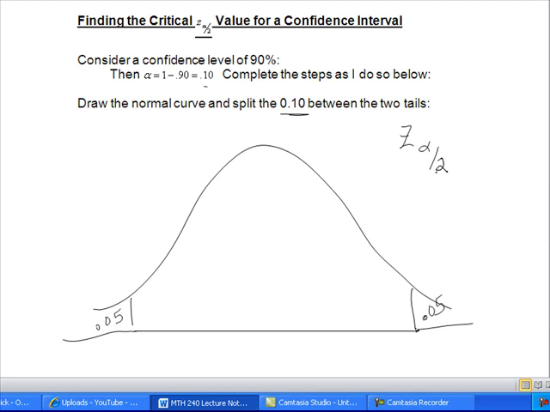0.0500. And what I notice is it's going to be halfway between 0.0505 and 0.0495. And there's an asterisk there that brings us down to a z-score of negative 1.645.